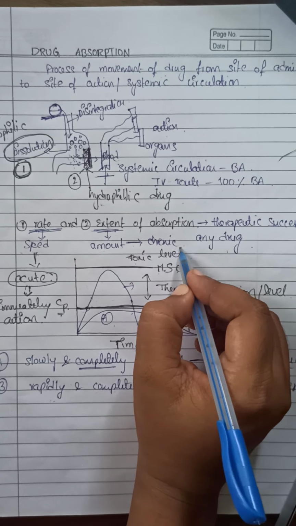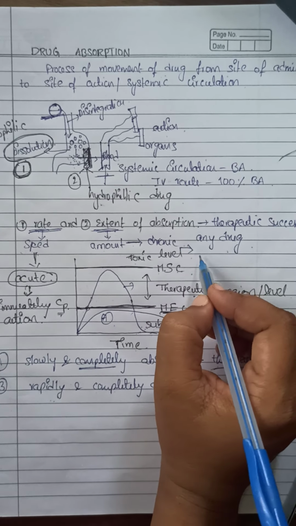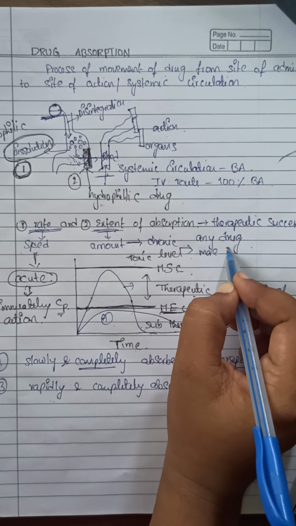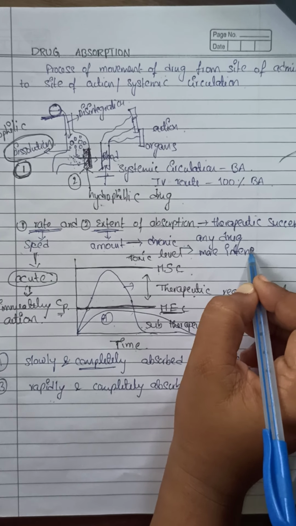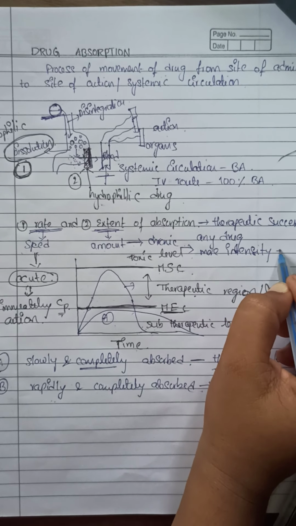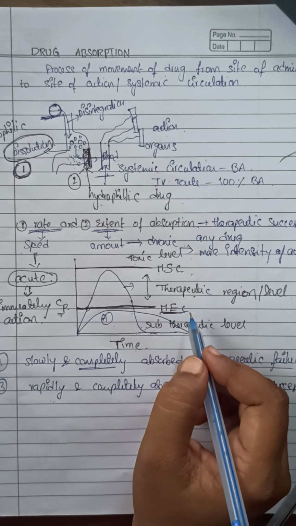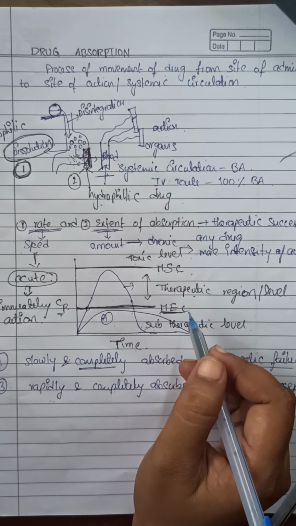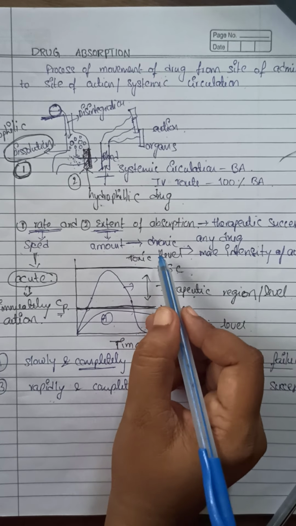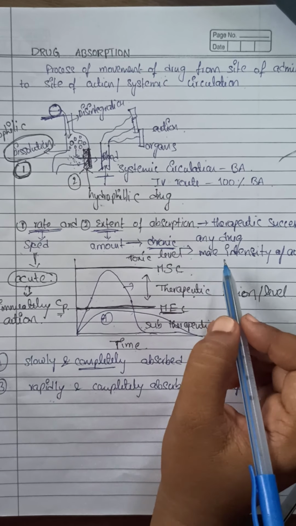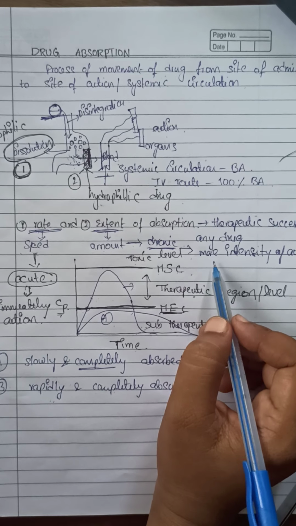So in case of chronic conditions we require more intensity of action rather than rate of absorption. So in chronic conditions we require a high efficacy of the drug.